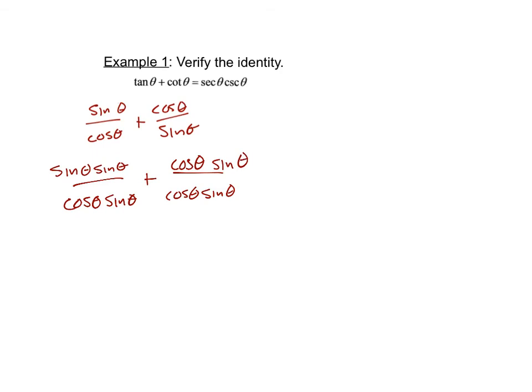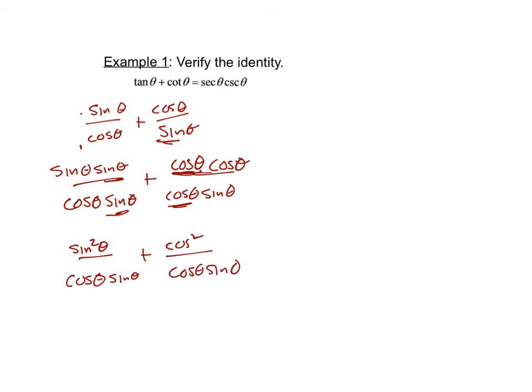So this first one I've got sine over cosine, but this denominator is sine. So I multiply this by sine. The second one, I'm trying to multiply both by cosine. So I end up with sine squared over cosine theta sine theta plus cosine squared over cosine theta sine theta. Same thing on the bottom, just written in a different order.